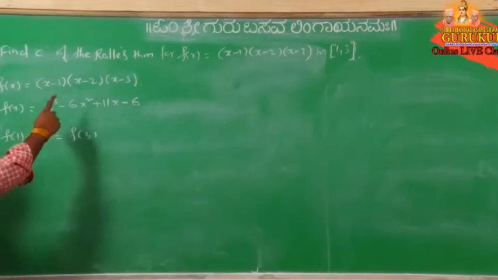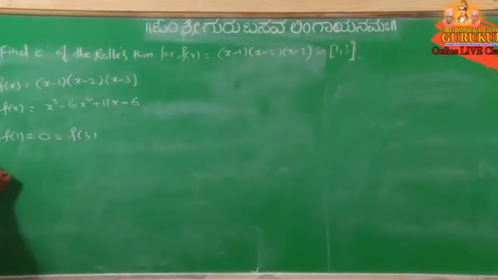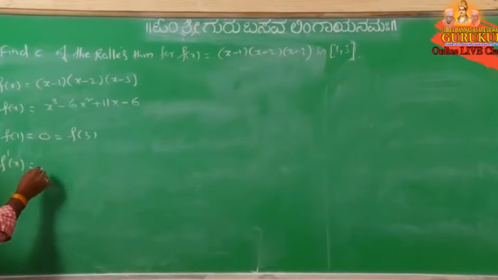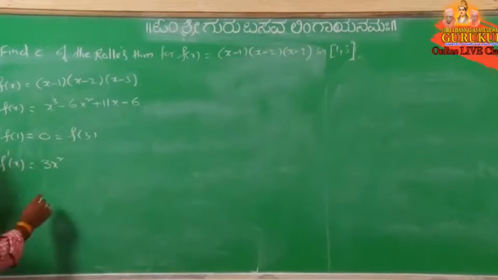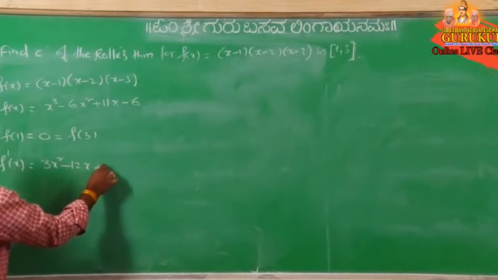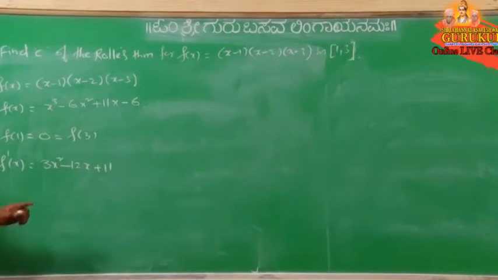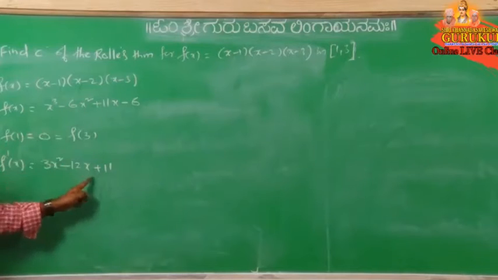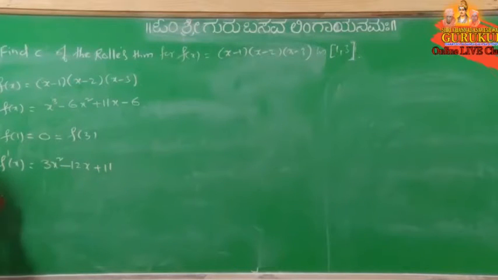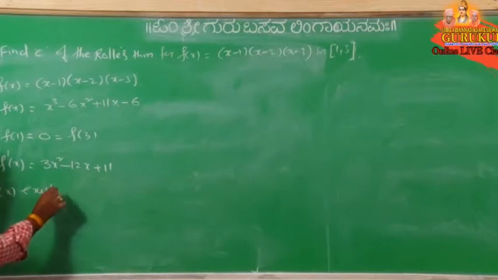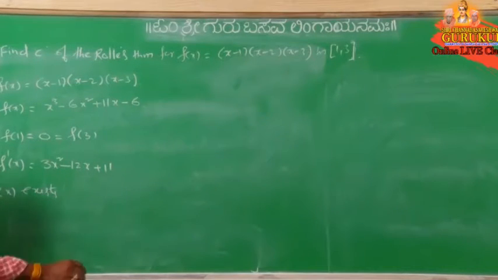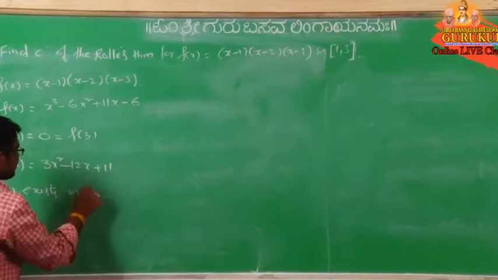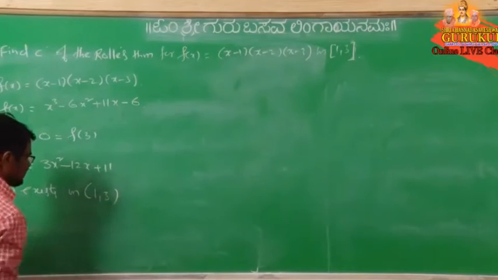Means f is continuous, and f dash x also: f dash x equal to 3x square minus 12x plus 11. So f dash x exists in which interval? 1 comma 3.